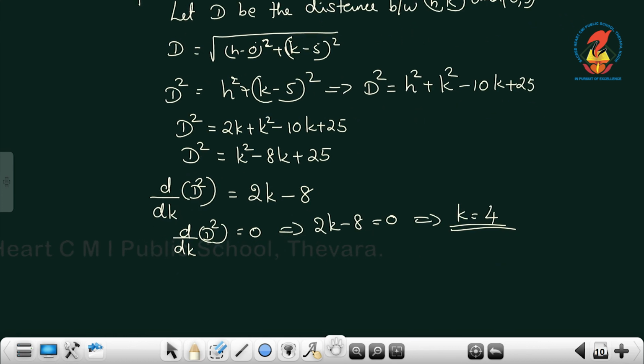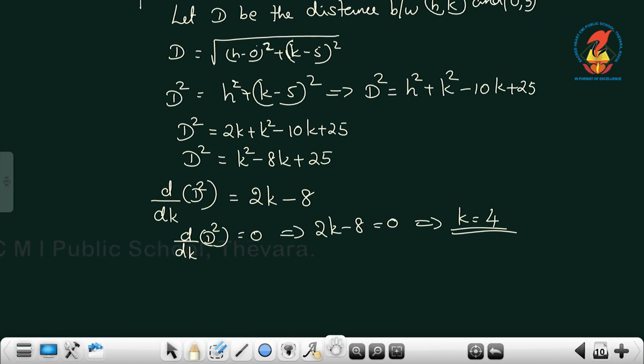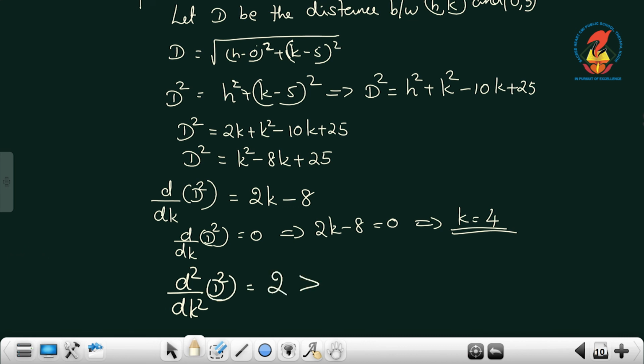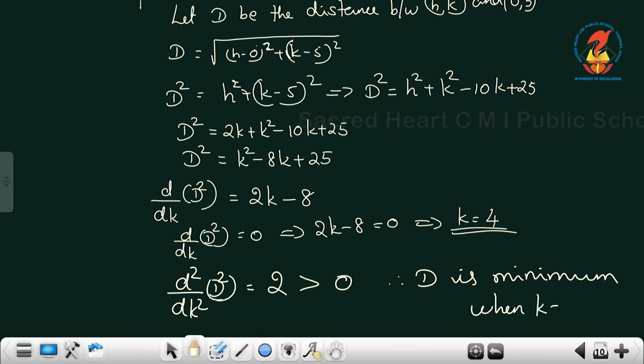Now, when k is 4, is this distance minimum? So we have to find the second derivative. The derivative of 2k minus 8 is 2, which is greater than 0. Therefore, we can write d is minimum when k is equal to 4.